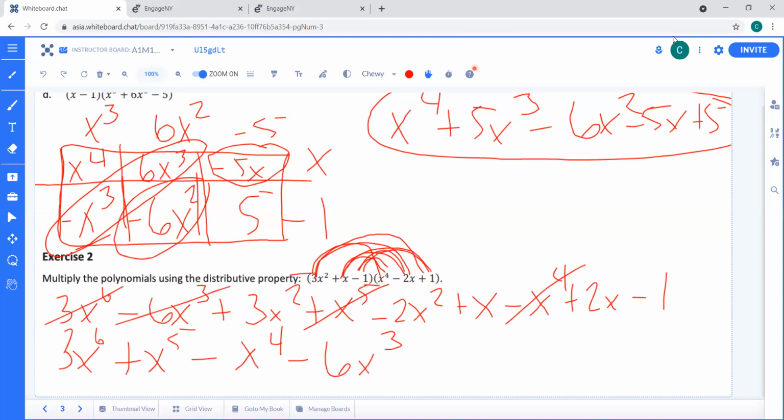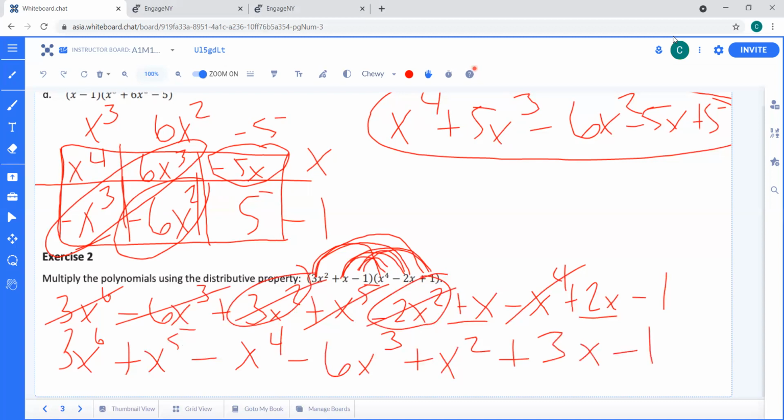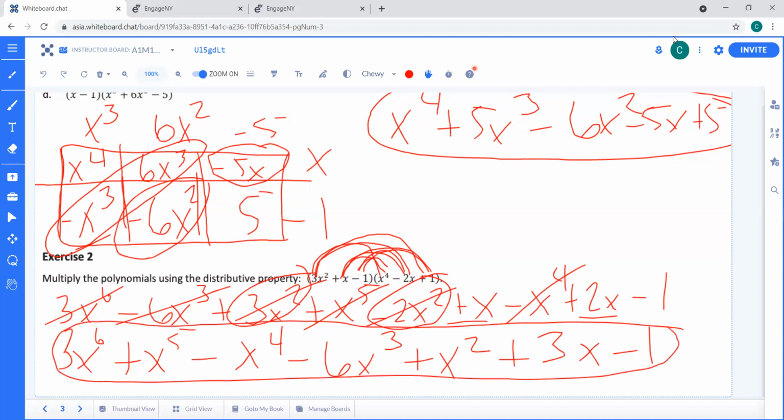And we can combine these two. 3 minus 2 is 1, so we're just left with x squared plus 3x and minus 1. Okay, so this is a polynomial. Notice that the sixth degree, so you would say that this is a 6th degree polynomial.